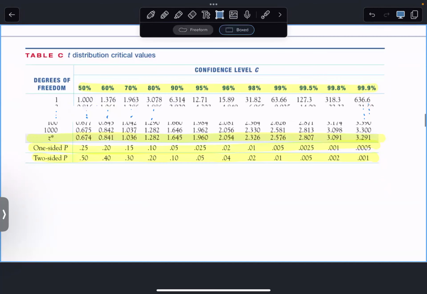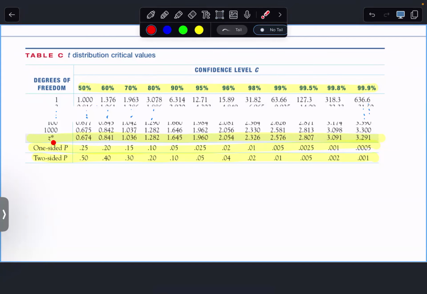Good enough. So for now, this is all we need for our probability findings.